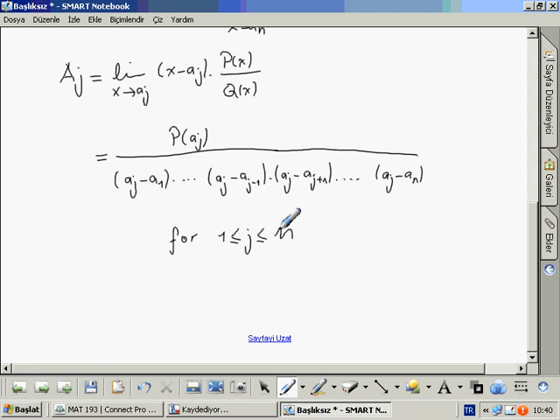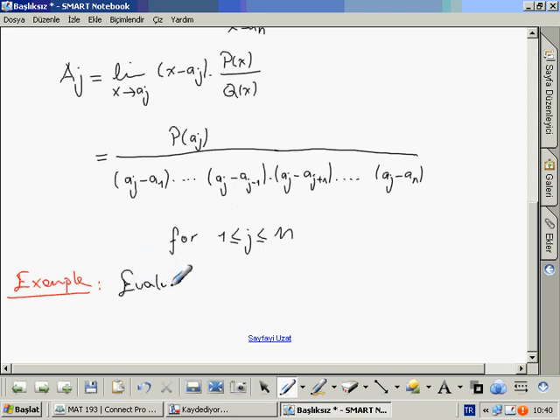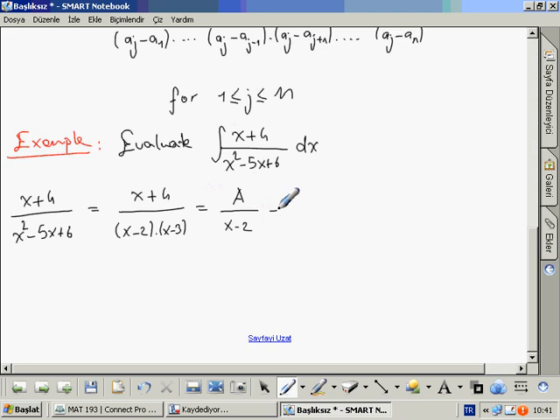And let me give you an example. Evaluate the integral of x plus 4 over x squared minus 5x plus 6 dx. And x plus 4 over x squared minus 5x plus 6 equals x plus 4 over x minus 2 times x minus 3 equals A over x minus 2 plus B over x minus 3.